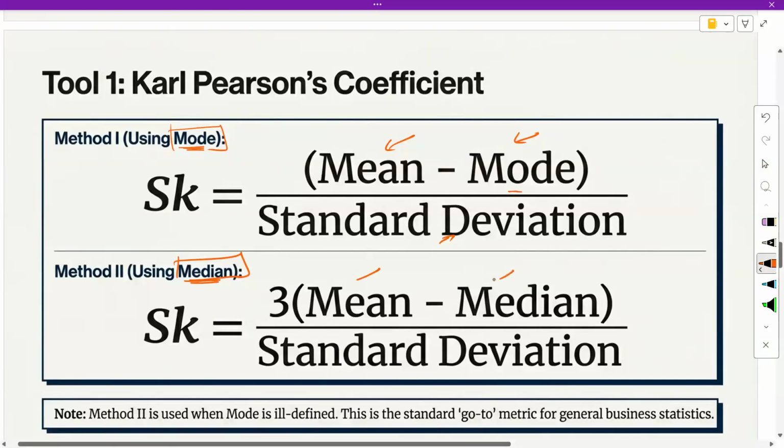Earlier we used the mode, but if you use the median, you take 3 times this difference and divide by the standard deviation. Normally people use either of these formulas based on the availability of the data.